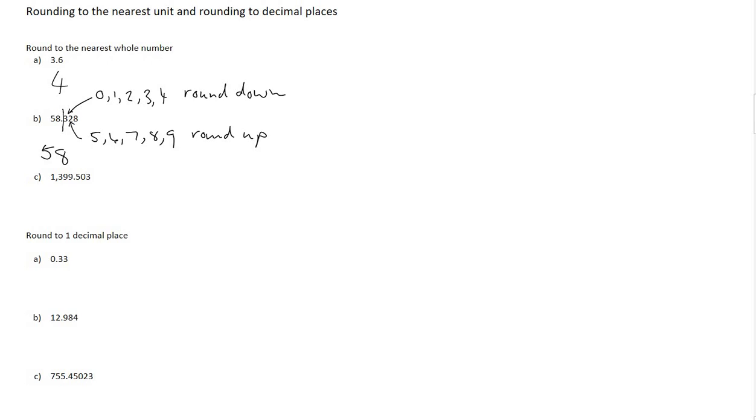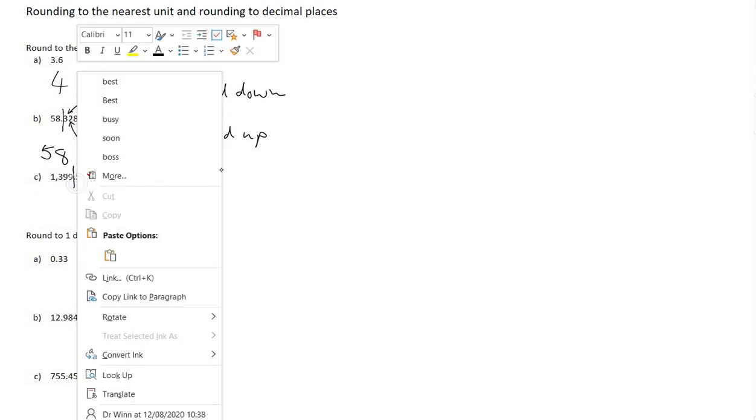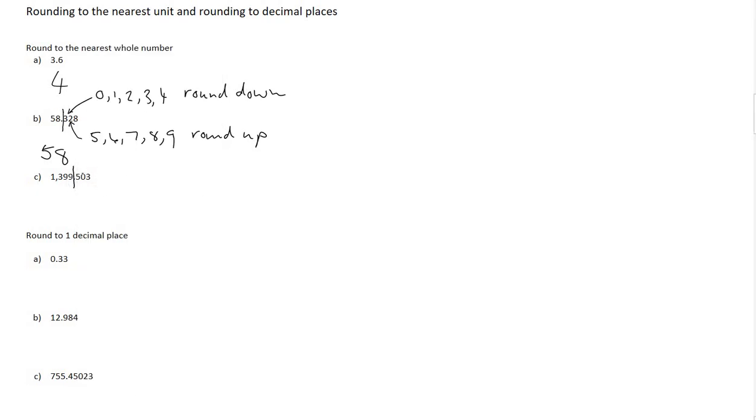Let's try this again for this one, okay? So I'm cutting off after the units column, that's my whole numbers there, and I've got 1,399.503. Now I only look at that very first digit after. You'll remember from our decimals place value video that the tenths column is much bigger than the hundredths column, and that's much bigger than the next one, the thousandths column.